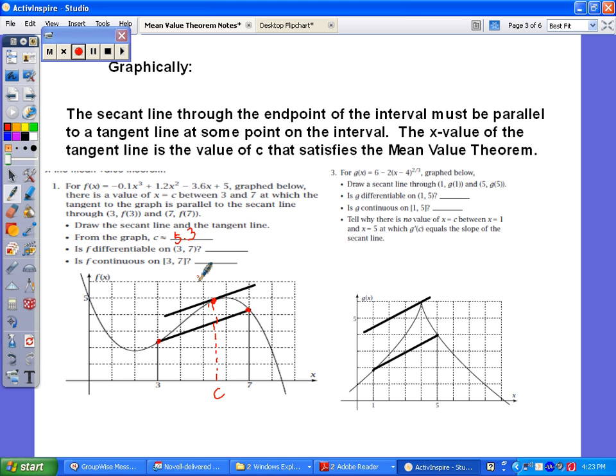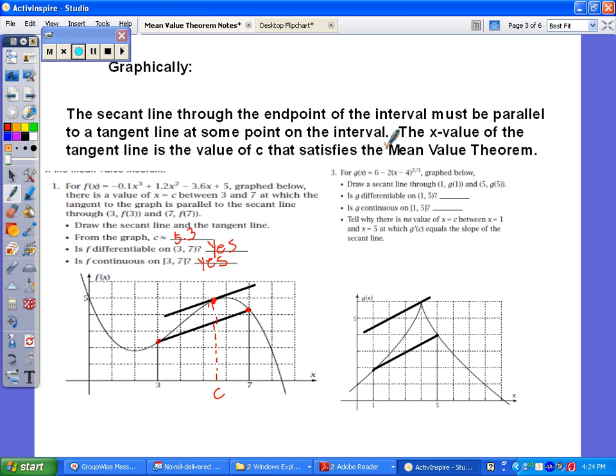And this is asking, is f differentiable on 3, 7? The answer is yes, because there's no cusp or vertical tangent. And is f continuous? Yes, there's no hole, jump, or asymptote. And as we can see, since it's continuous and differentiable, there is a place on this graph that satisfies the mean value theorem, where the slope of the secant line is equal to the slope of the tangent line.